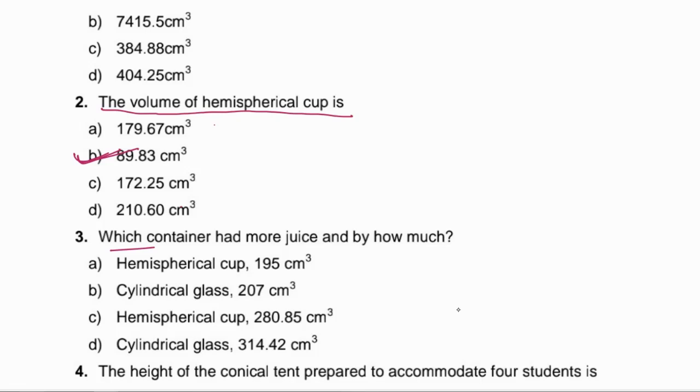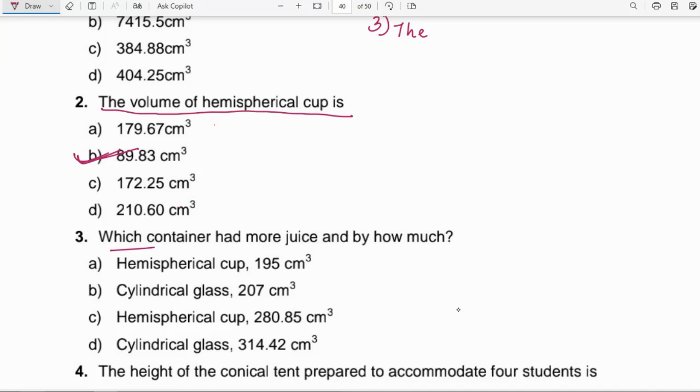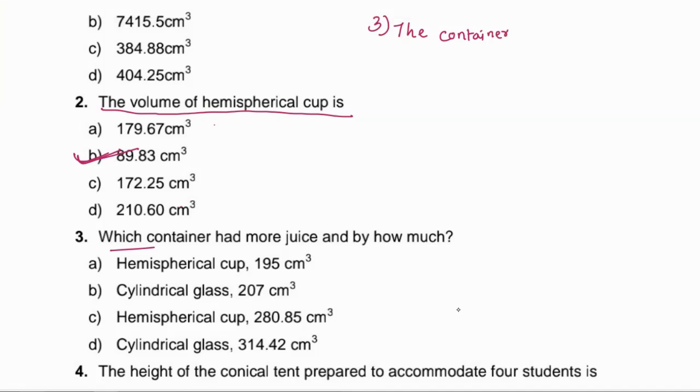So the answer for the third one will be: the container that has more juice will be volume of a cylinder minus volume of a hemisphere.